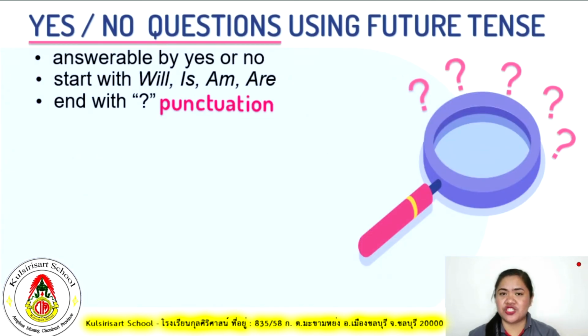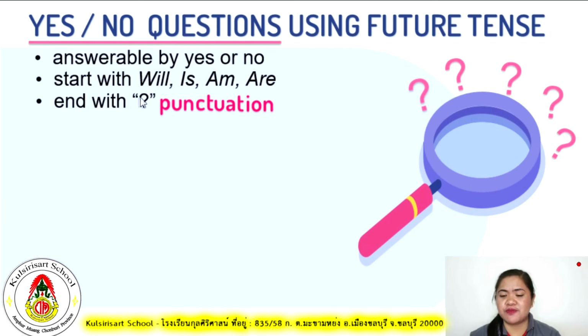About yes or no questions, again, it should be answerable by yes or no. And it starts with either will, is, am, or are when we talk about the future tense. And it should also end with what punctuation?